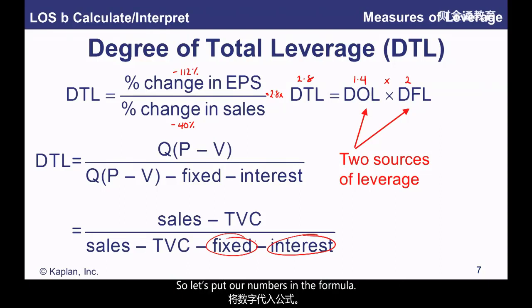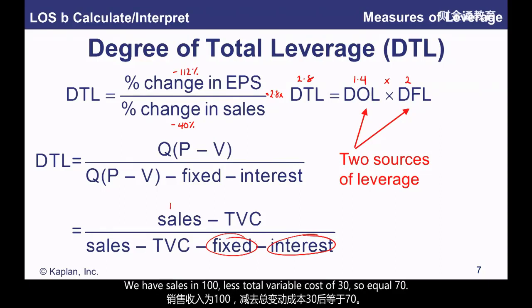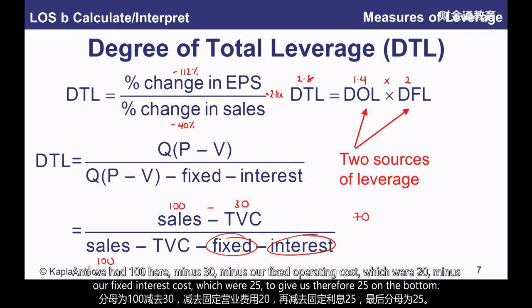So let's put our numbers from our example on this. So we had sales of 100 less total variable cost of 30, so equals 70. And then we had 100 here minus 30 minus our fixed operating costs, which were 20, minus our fixed interest costs, which were 25, to give us, therefore, 25 on the bottom.